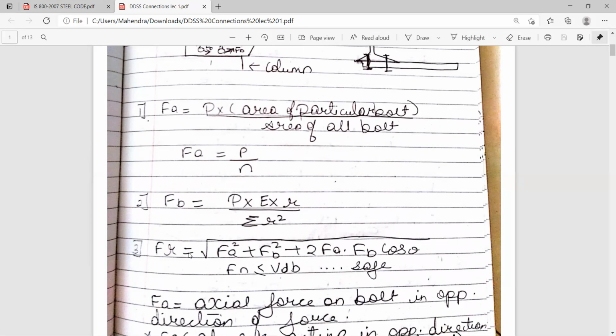And FR will be equal to the square root of FA square plus FB square plus 2 into FA into FB into cos theta, where FR will be less than or equal to VdB. If FR is less than or equal to VdB, then and only then your design will be safe. So just note down all the three formulas. Then I will tell you what FA, FB and FR mean, all the terms.